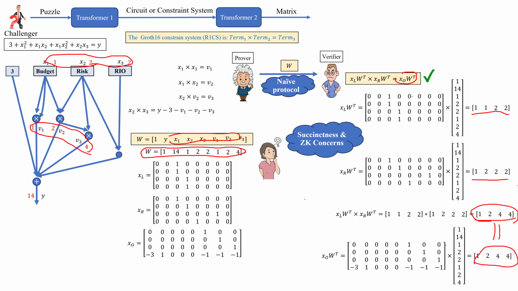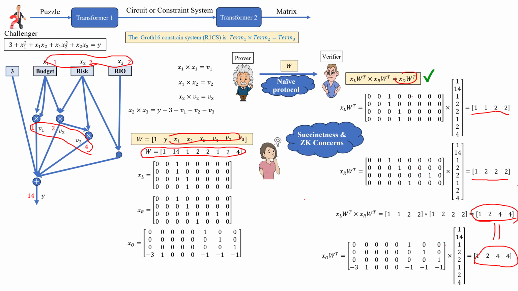If the prover sent W to the verifier, the prover actually shared the values for x1, x2, x3 with the verifier. But remember the original scenario. We want to design a scenario where the prover could convince the verifier that I have followed the circuit without sharing the inputs. So that's the main concern of this naive protocol.